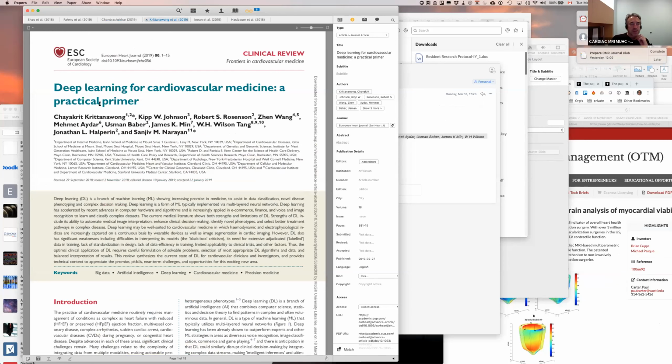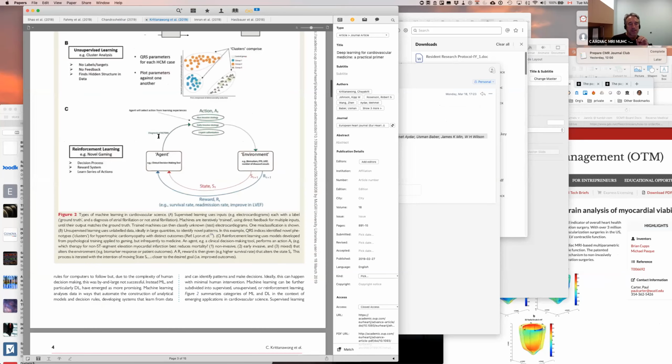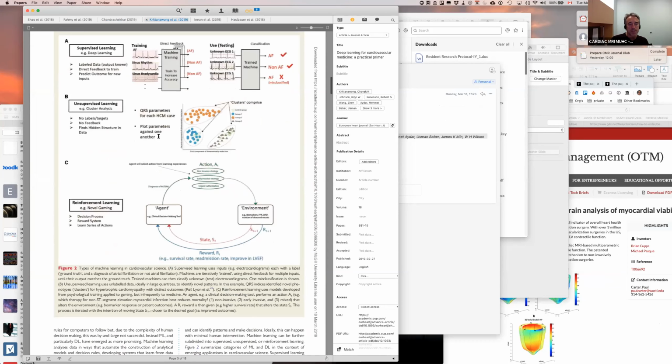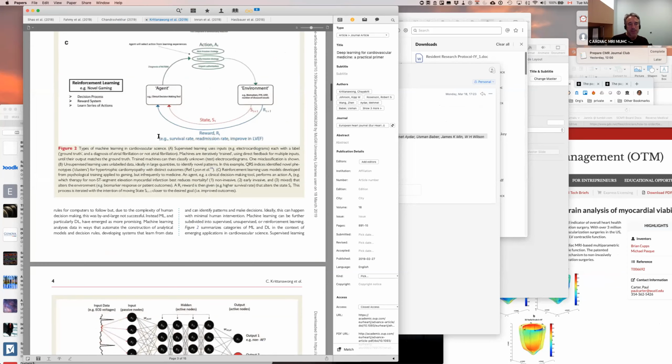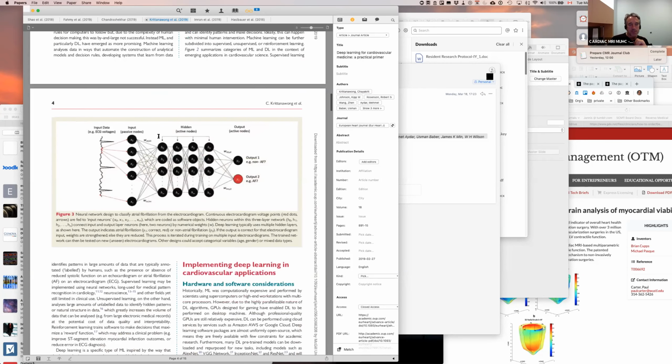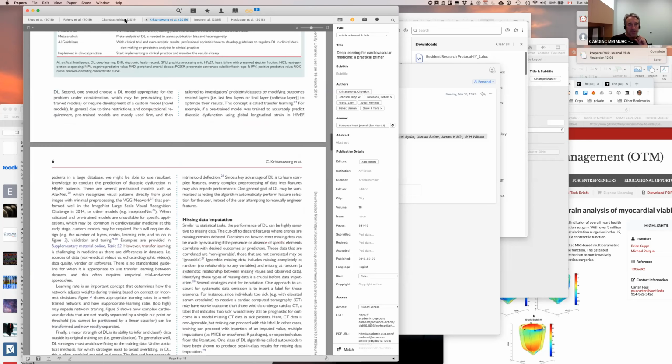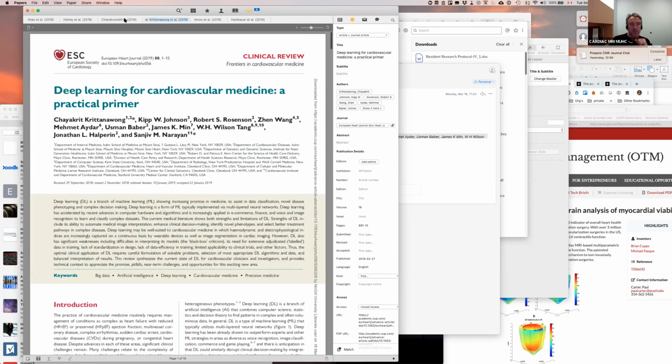Here is a nice review paper published just a few weeks ago in the European Heart Journal that gives an idea of what deep learning is about, explains some of the most important keywords, and explains also the basic structure of these approaches. So I highly recommend a read. It will also be available for download from the CMR Journal Club website.